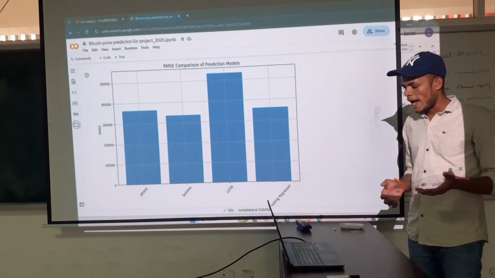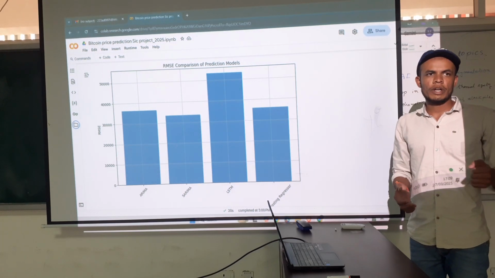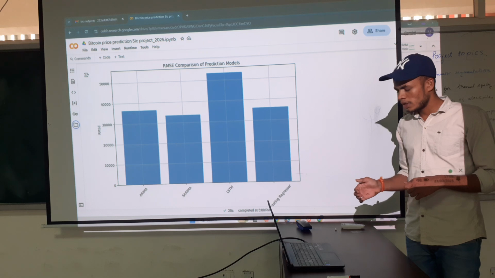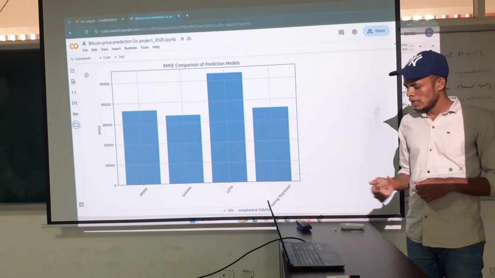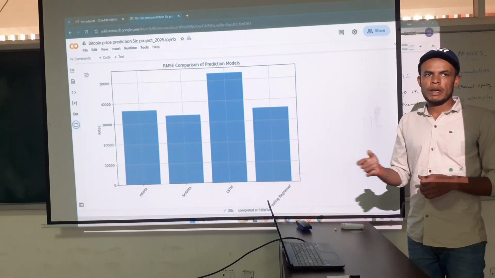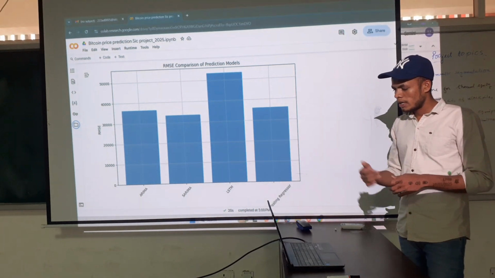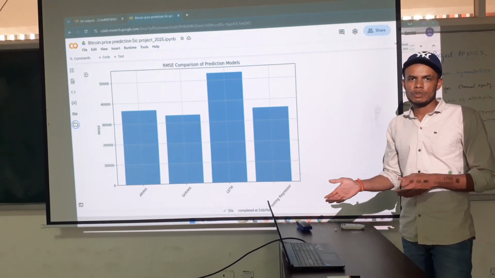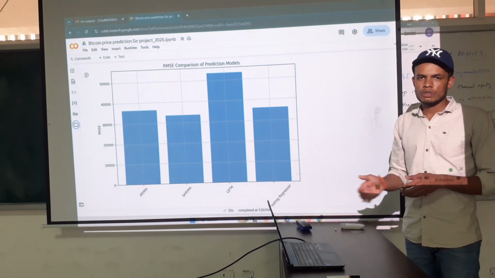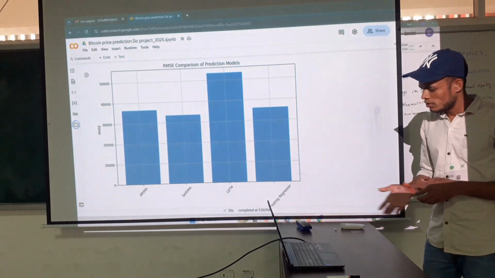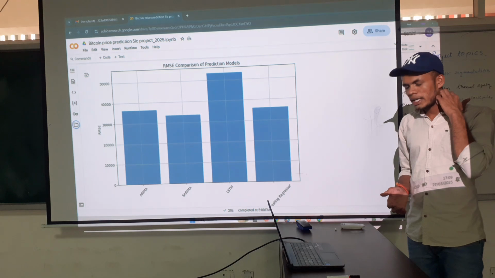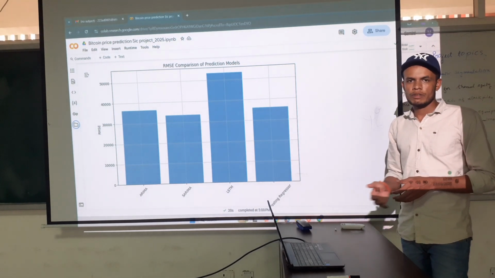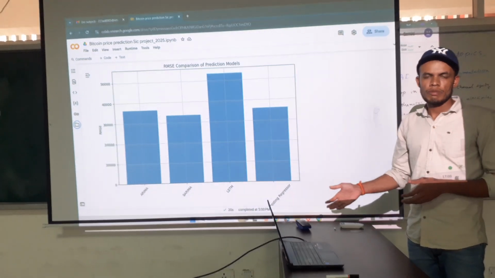ARIMA has less dependency, so we cannot depend on it either. The gradient boosting regressor learns from its mistakes by building multiple decision trees. But LSTM, an RNN model, overcomes the vanishing gradient problem, so I conclude that LSTM is the better model in our experimentation for Bitcoin prediction.